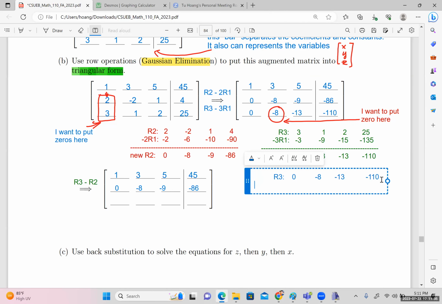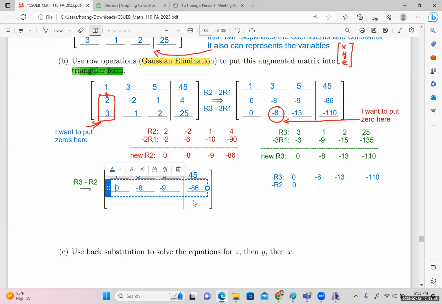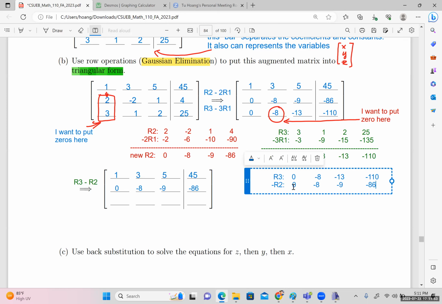Okay, and I subtract row 2, which is 0. Copy this. Copy this. And I change the sign. Change the sign. Change the sign. And I will just add them together. We have new row 3.